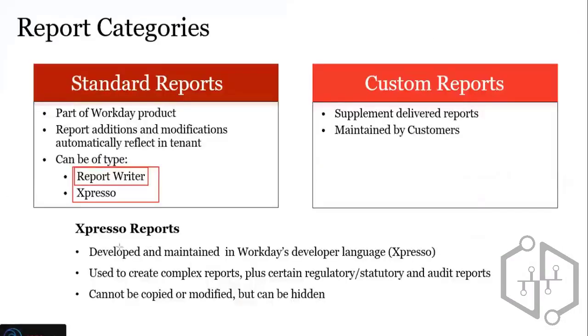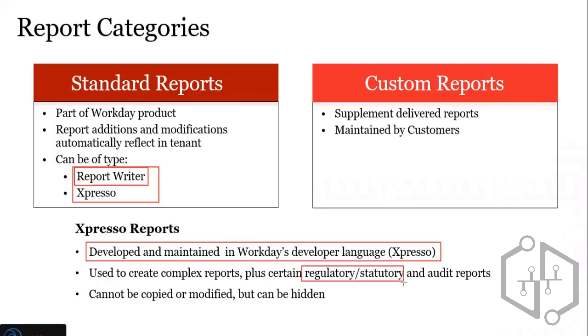Espresso reports are developed and maintained in Workday's developer language, which is Espresso, which is not available to us, either to clients or to the implementation team or development team. These reports are primarily used by Workday to deliver reports for regulatory requirements, statutory requirements, audit reports, and so on.